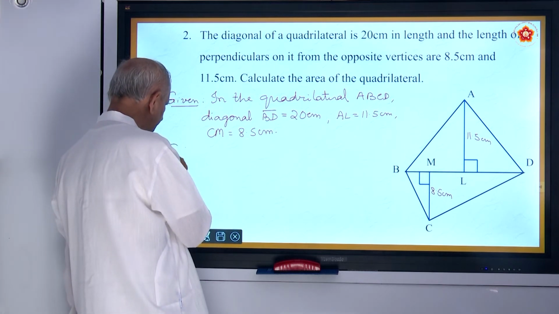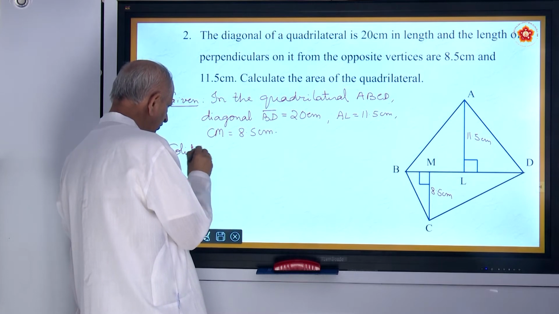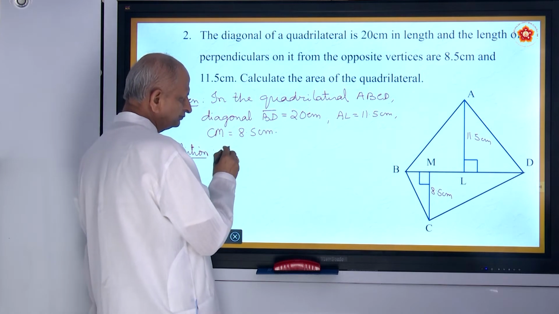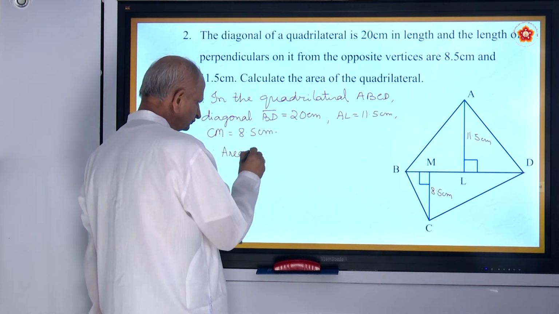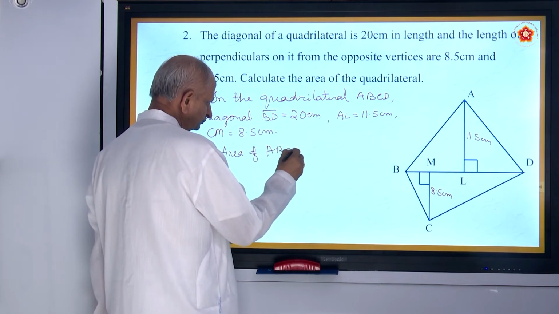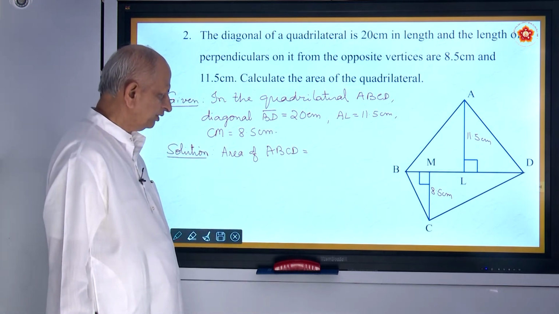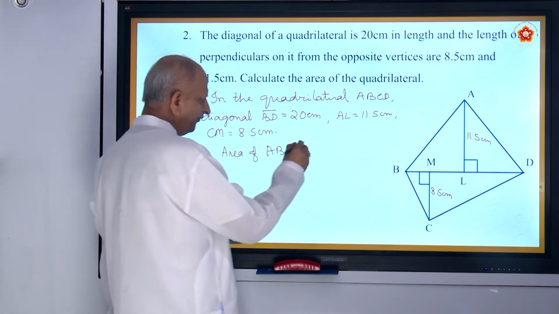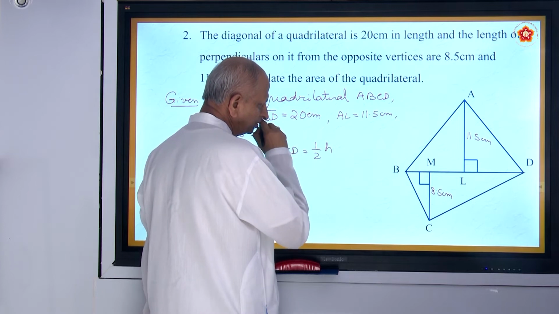Therefore, solution of the problem: you have area of quadrilateral ABCD is equal to half of formula D into H1 H2.